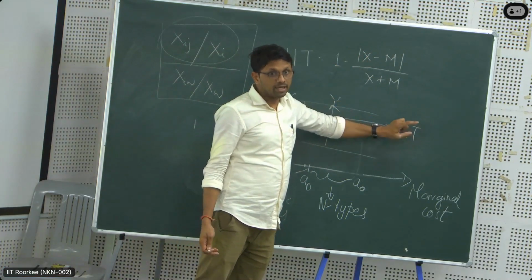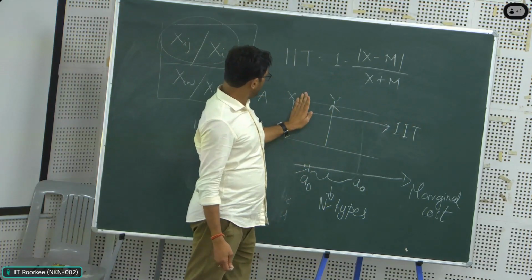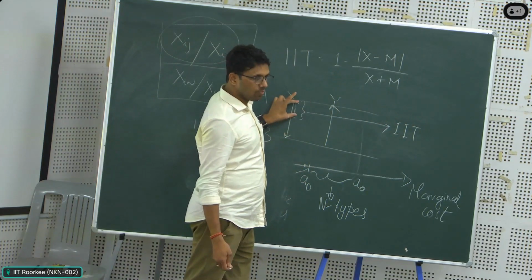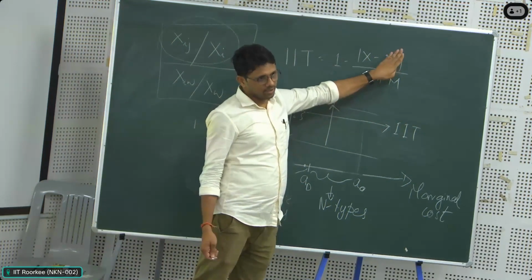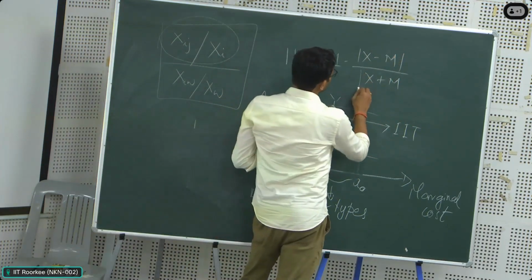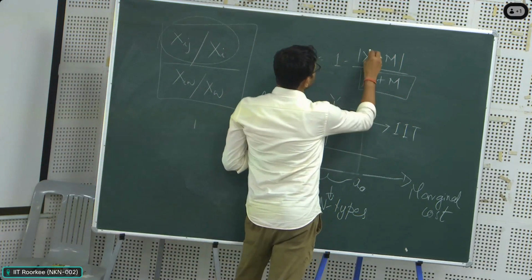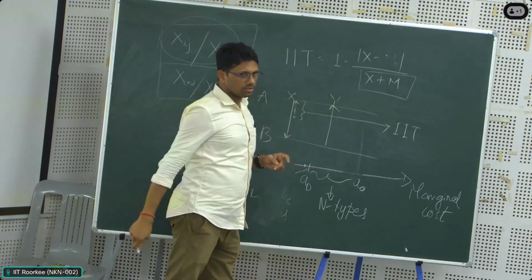If it is completely inter-industry trade, that means either this part is 0. If we are exporting, the import of that sector is 0. So this is our total trade, and this is only X, import is, suppose, 0.